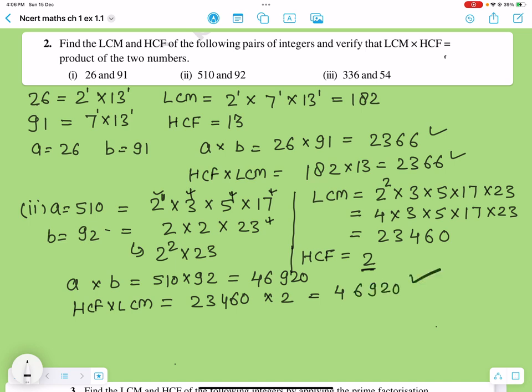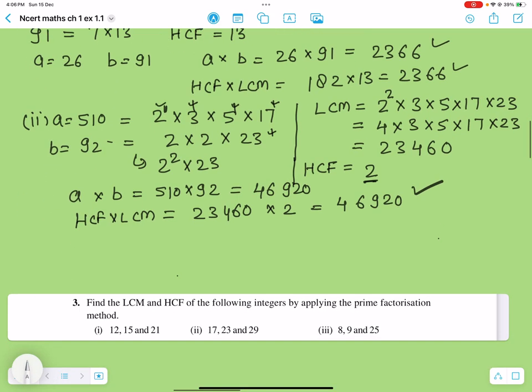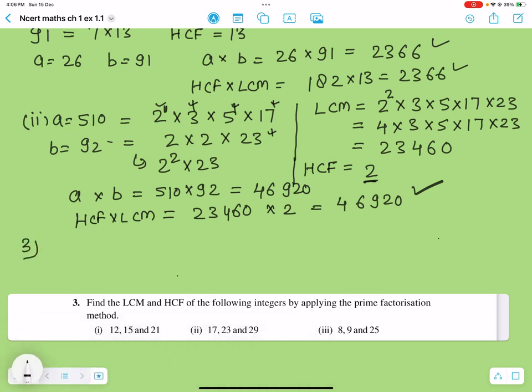All right. So this is how we have verified these two numbers. Cool. So the next pair for us is 336 and 54. So we'll take down the third number.